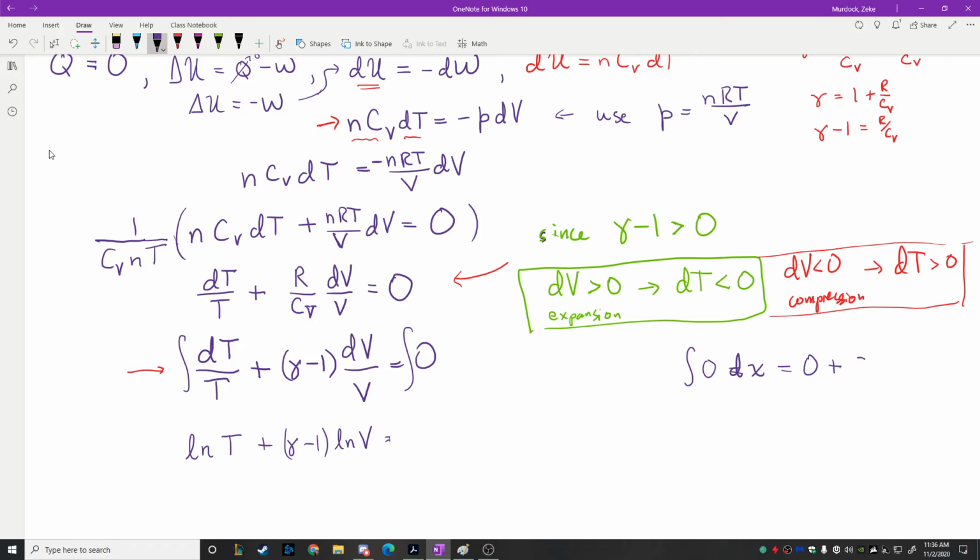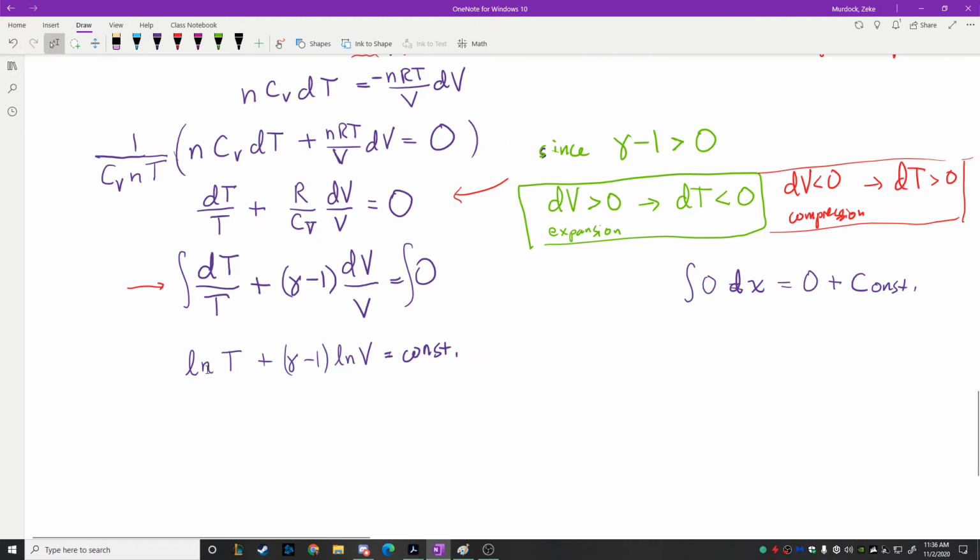But you'd have to add to it a constant, right? Because the derivative of a constant is also equal to 0, right? So I'm just going to say the right-hand side of the equation is just equal to some constant. That constant could be 0, but it doesn't have to be. So then we have this relationship, the log of the temperature plus gamma minus 1 times the log of the volume should be equal to some constant.